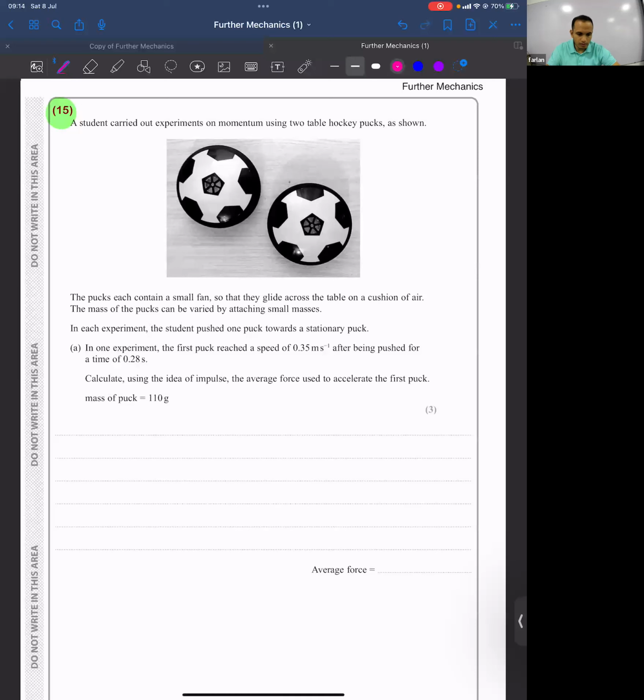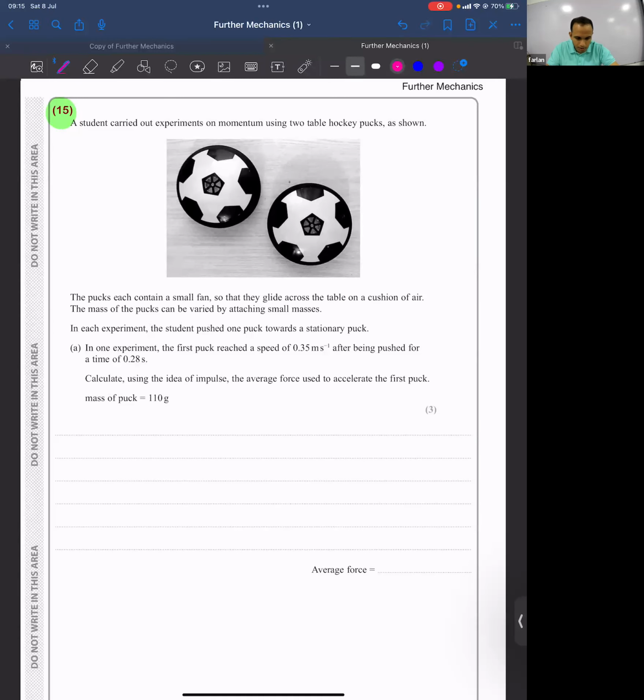A student carried out an experiment on momentum using two table hockey pucks as shown. Each contains a small fan so that they glide across the table on a cushion of air. The mass of the pucks can be varied by attaching small masses onto them.